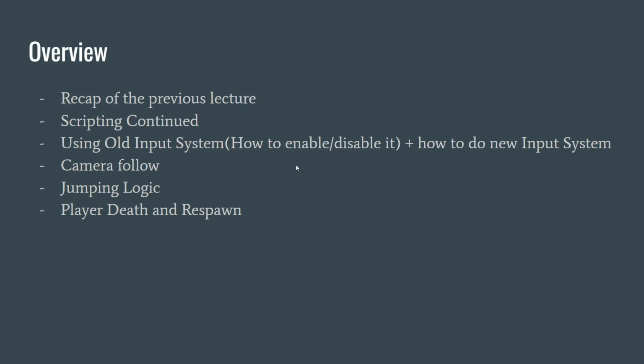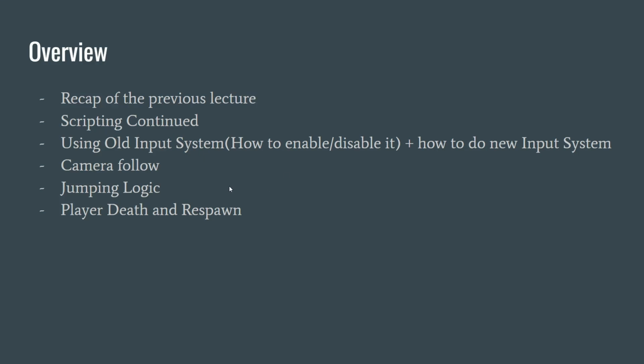What we'll do for this lecture is we'll recap the previous one first. This is a really short recap. Then we'll go into some more advanced scripting things that we can learn. A lot of people were having trouble with the old input system last time, so I'll show you how to disable it, plus how to implement whatever we did with the new input system, just a really quick rundown.